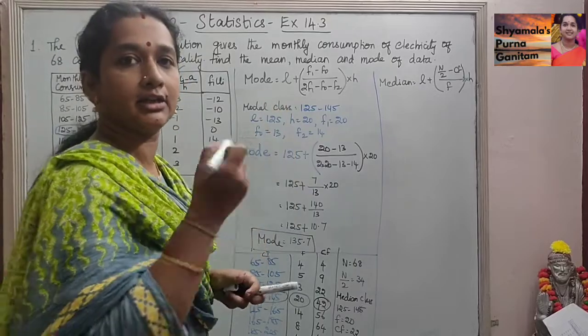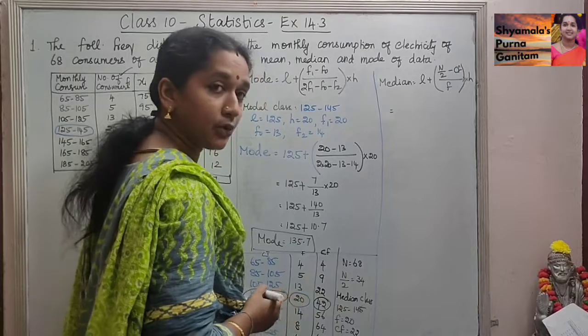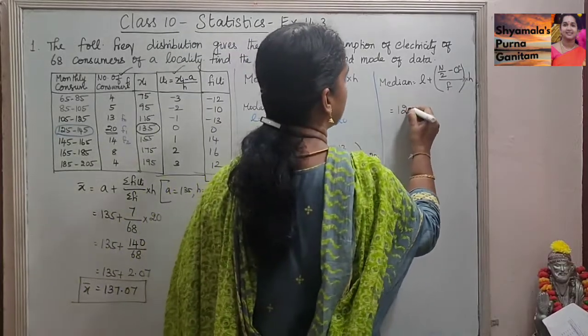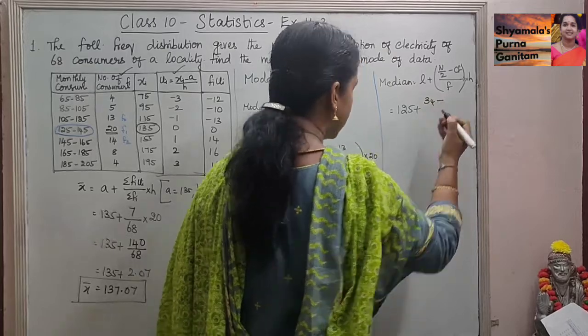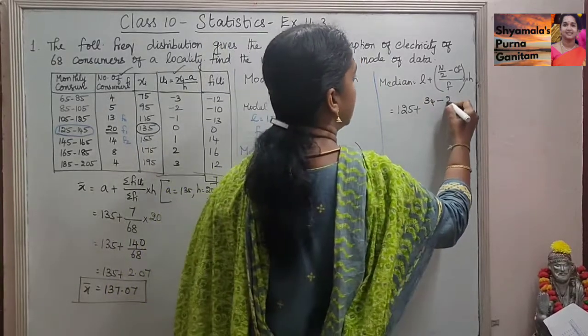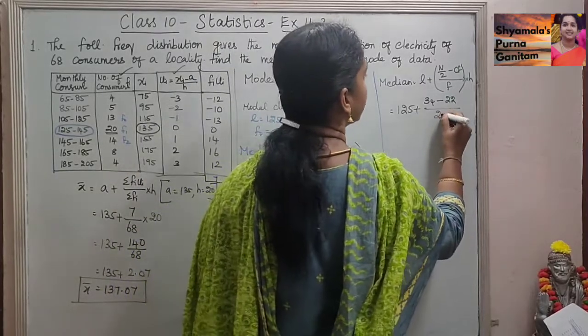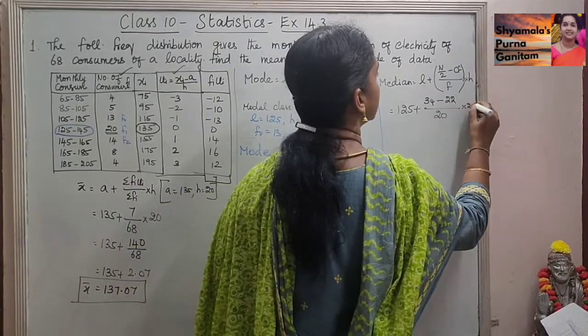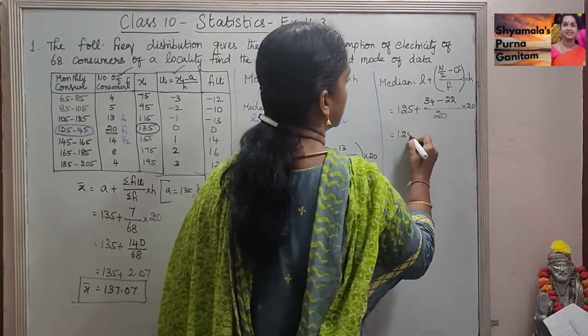H we know already that it is 20. So this is equal to lower limit, which is 125, plus N by 2 is 34 minus cumulative frequency 22, by frequency 20, into height which is also 20. Okay. So this is equal to 125.